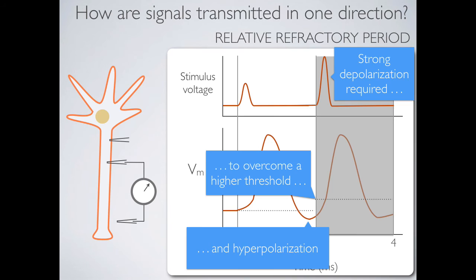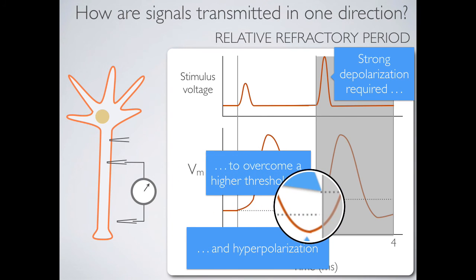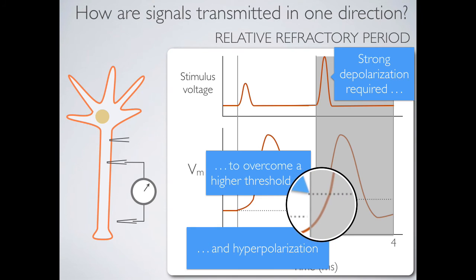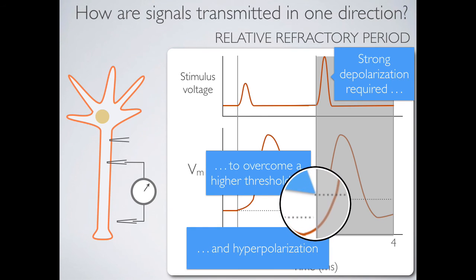First of all, early on, right around the 2 milliseconds, we can see that the membrane is still hyperpolarized, meaning it's at a more negative value than the resting membrane potential. So in order to create another action potential, we're starting from a more negative point, so we have further to travel. So that's one reason why the axon is less sensitive in the relative refractory period than it is at rest.